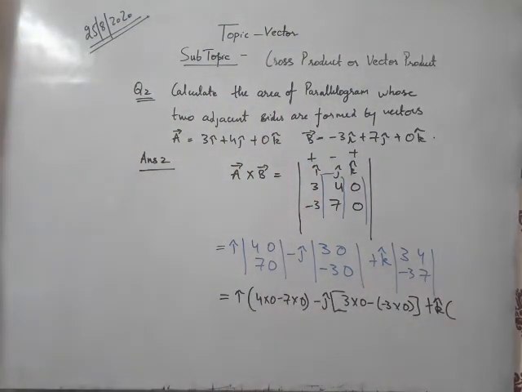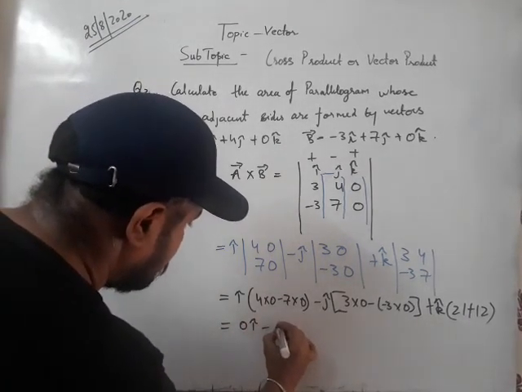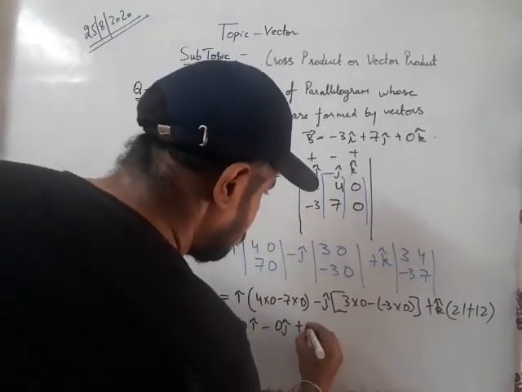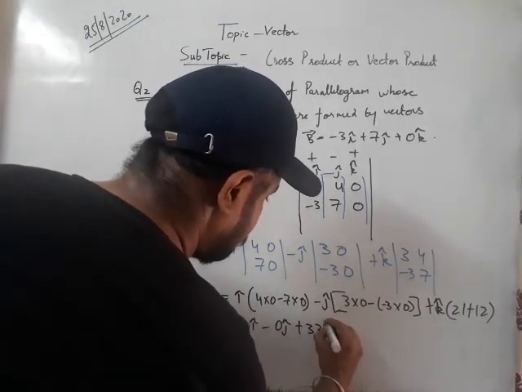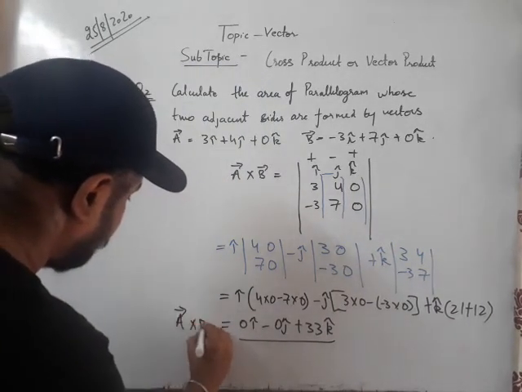Now with k, 3 into 7, that will be 21, minus of minus 12, that will be plus 12 over here. So it will be 0 i cap minus 0 j cap, and over here plus 33 k cap. So this is the value of A vector cross B vector.